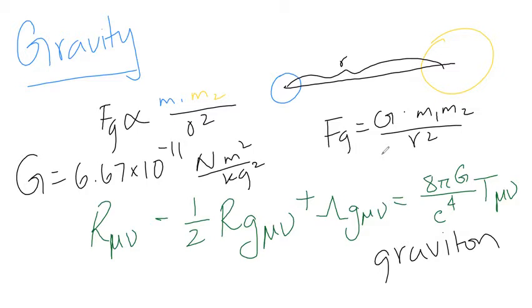However, as you can see, this equation right here is not the prettiest equation in the world. And what it actually says is that the curvature of space-time, the curvature from all the stuff in space-time, plus the curvature of space-time itself.